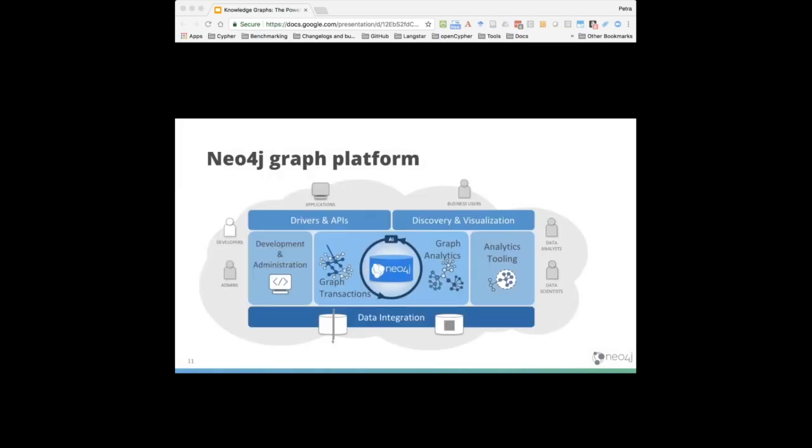Just to dive a little more deeply into the graph platform, the Neo4j cylinder that you can see in the middle of the circle is our database, and all the bits around it are now considered our extended graph platform. So as you can see, there's a lot more going on now. To reiterate, we're trying to drive the use of connected data beyond just the developer area. I don't mean just the developer area, but we're trying to expand the focus.